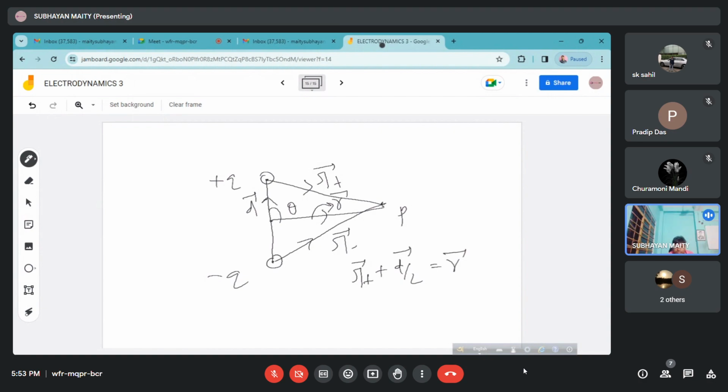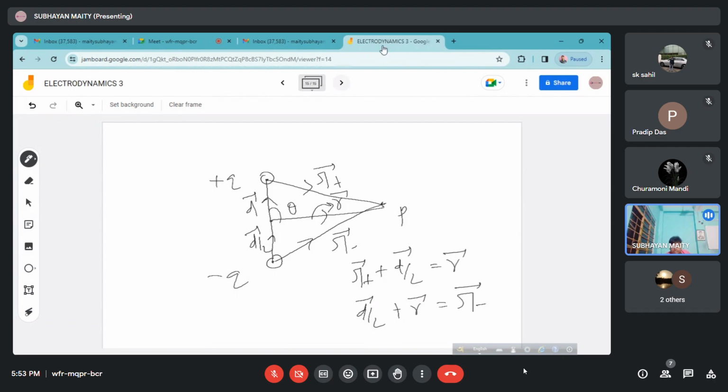And from here d by 2 plus the smaller vector is equal to the r minus vector. From this triangle, this is d by 2, this is the r vector, so d by 2 plus r is equal to r minus, and d by 2 plus r plus is equal to the smaller vector.